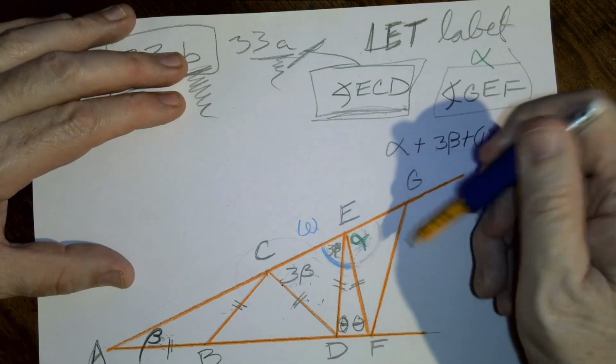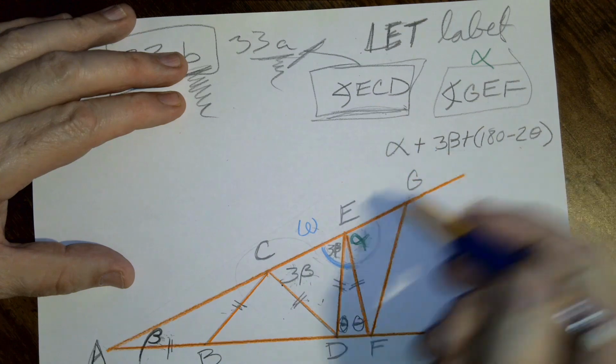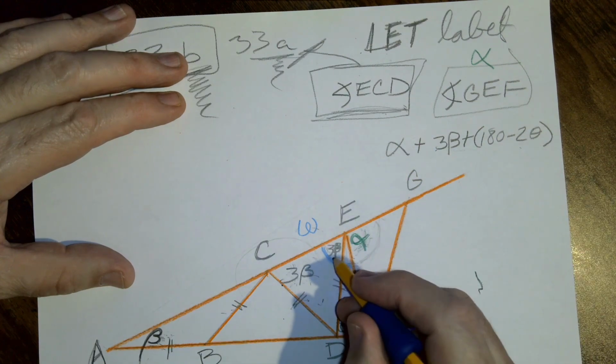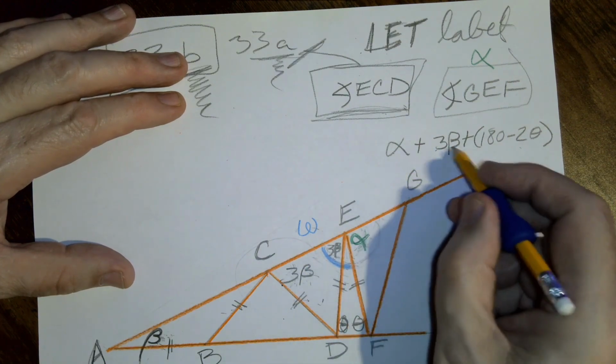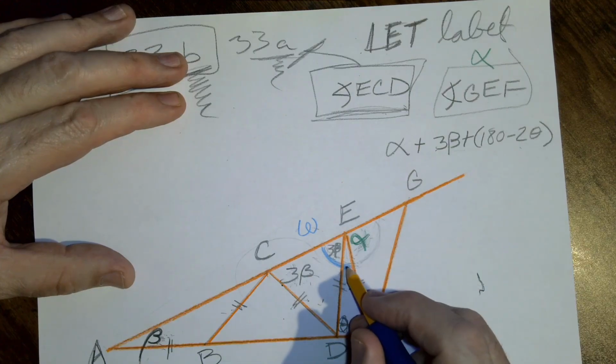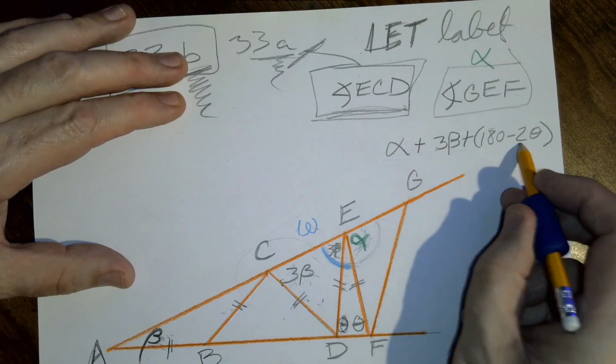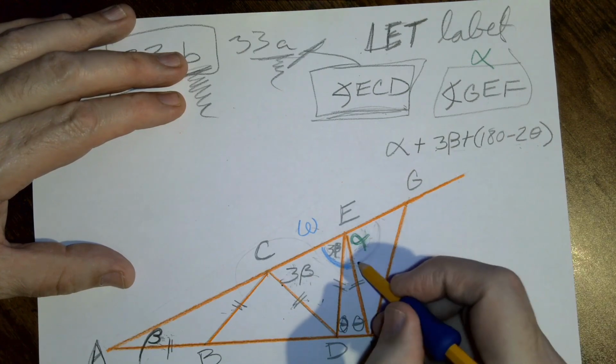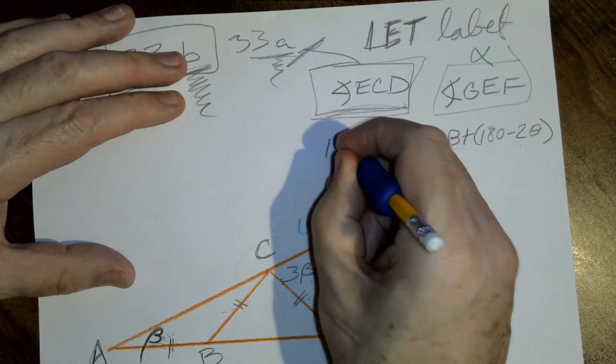If I start rotating this way through these angles, I get 3 beta, and then 180 minus 2 theta, and then this alpha, and that's all 180.